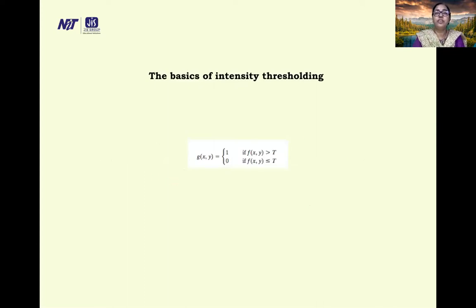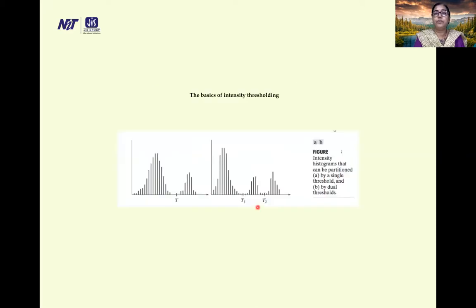Basic intensity thresholding. So what is thresholding? There should be a gray image, and we should perform an operation so that a particular value is chosen within the intensity range of the image, so that above this value is 1 and below this value is 0, and it becomes a binary image. So this is the histogram of an image.